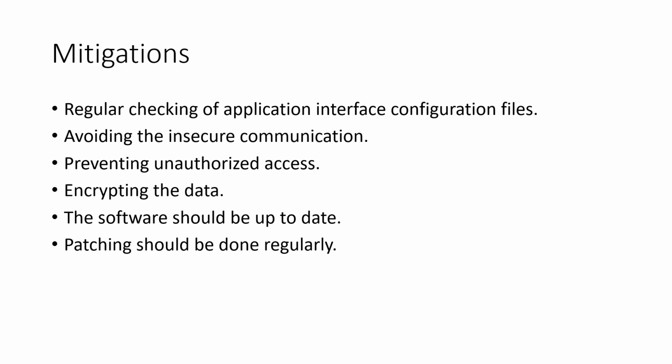And the next one is preventing unauthorized access. Unauthorized access means when a person gains entry to a computer network, system, application software, data, or other resources without permission. It is also accessing a resource that they do not have permission to use.